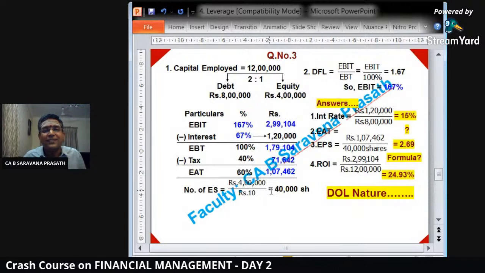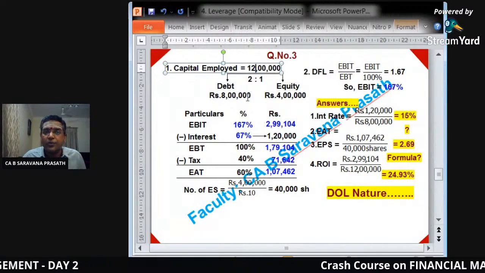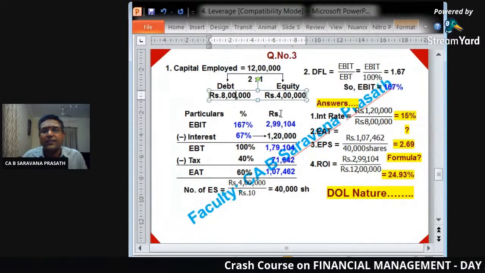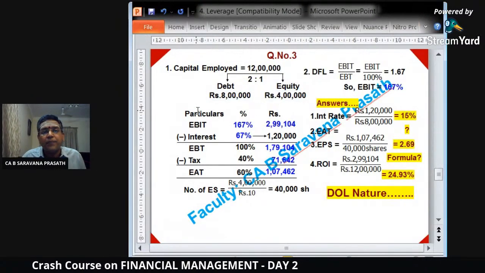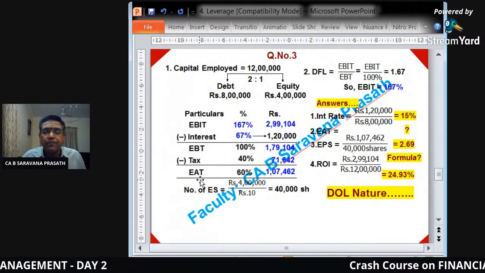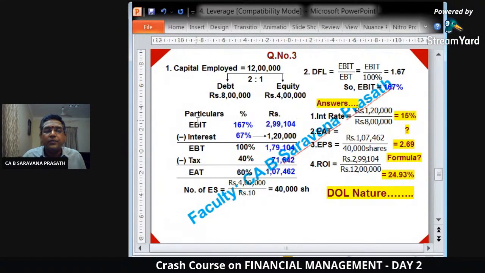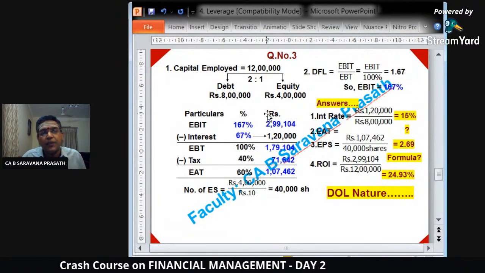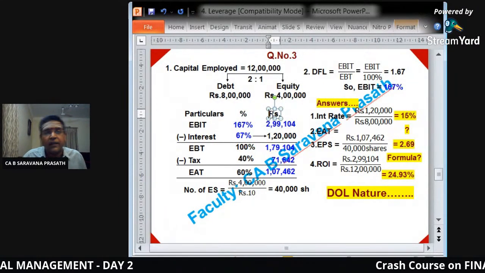Capital employed, as discussed initially, 12 lakh, comprising debt and equity, 2:1, 8 lakh and 4 lakh. It's a very straight calculation. Now, I prepare the profit statement for computing PAT and for computing EPS. Now, in terms of percentage and amount, I will indicate the values and then I will fill up whatever numbers are available.